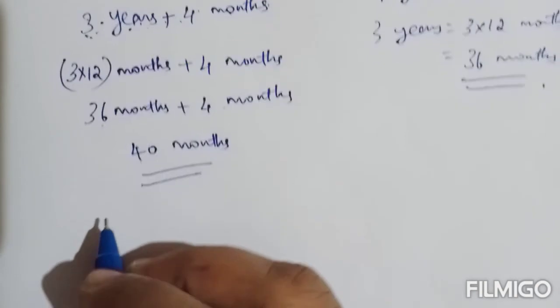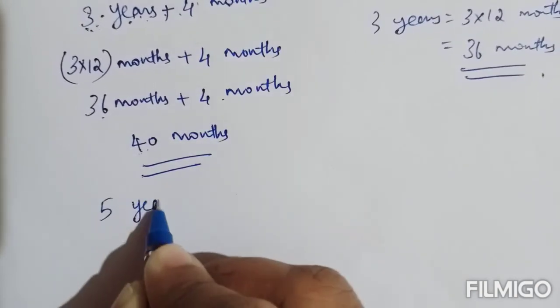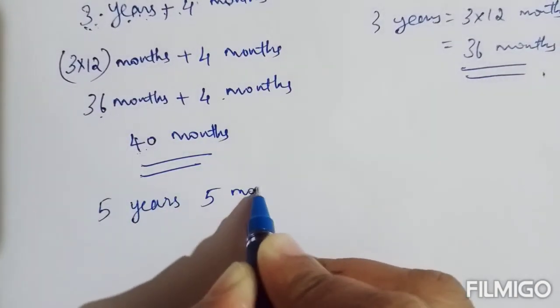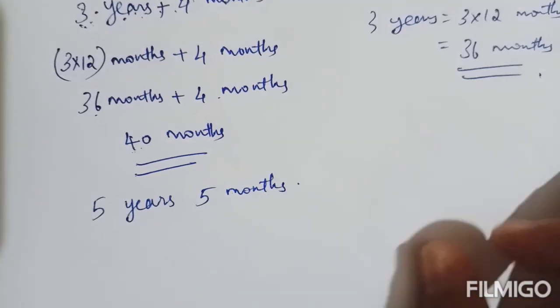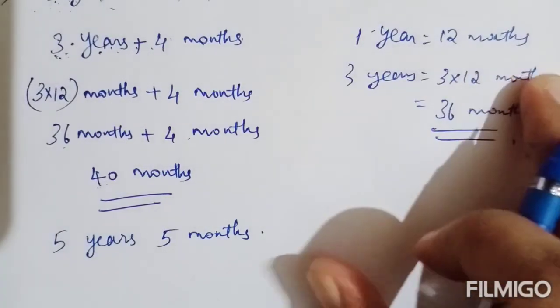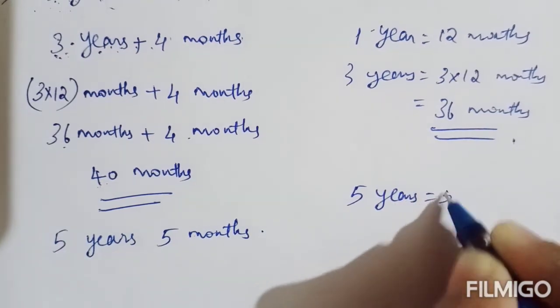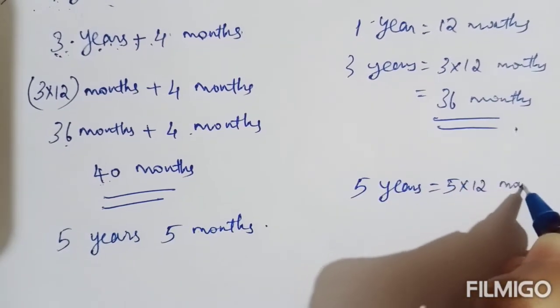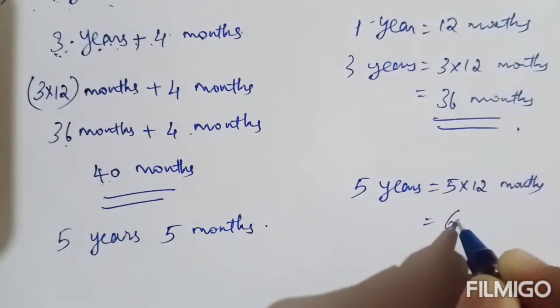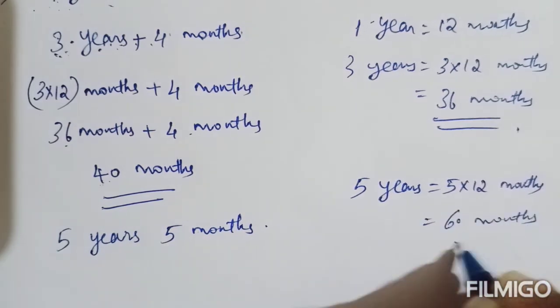Okay, let us do the same for the second quantity. 5 years 5 months. So we know 1 year equals 12 months. Therefore 5 years will be equal to 5 into 12 months. 5 into 12, it is 60 months.